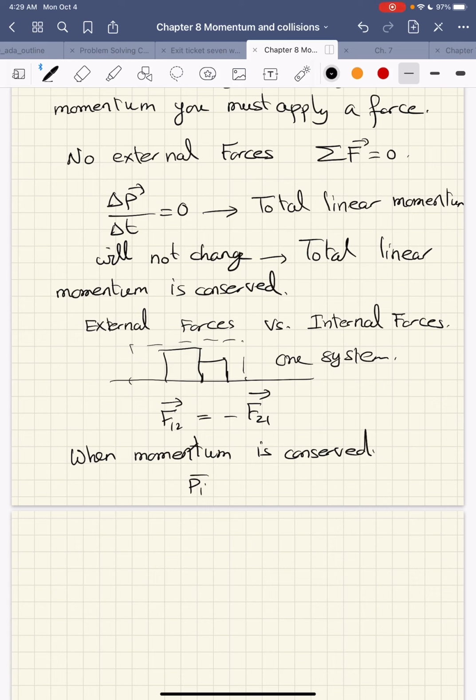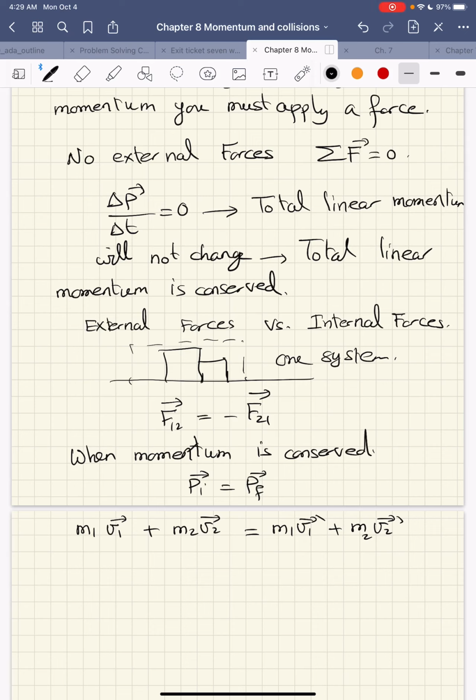Then P initial equals P final, and I can say m1 v1 plus m2 v2 equals m1 v1 prime plus m2 v2 prime.